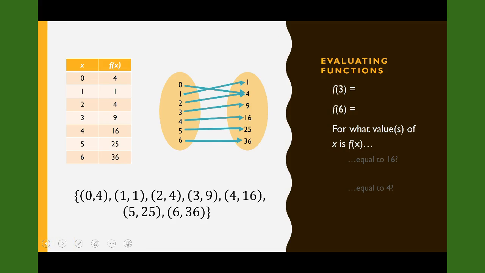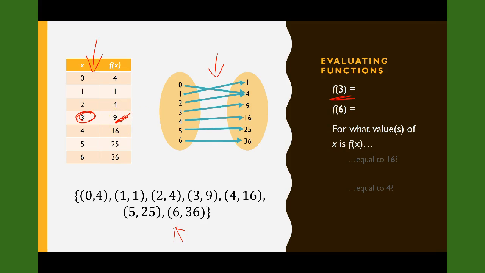Now let's use other representations to evaluate functions. These three, this table, this mapping, and this set of ordered pairs, all represent the same function. So if, for example, we're asked f of 3, we can use the table to figure out what f of 3 is. That means if I put 3 in, what am I going to get out?